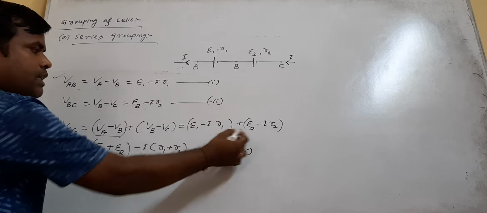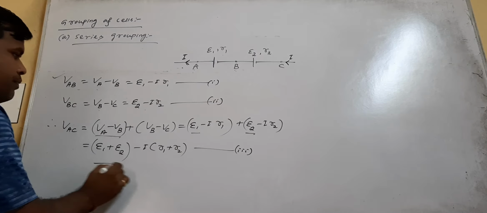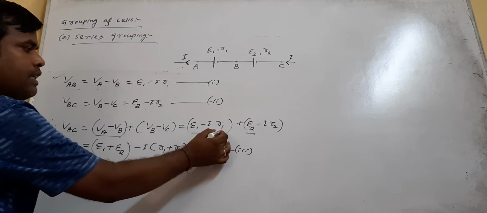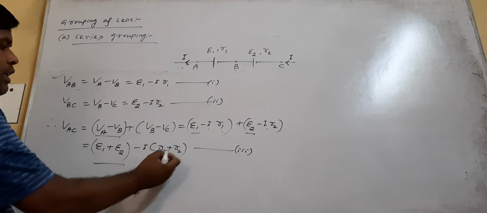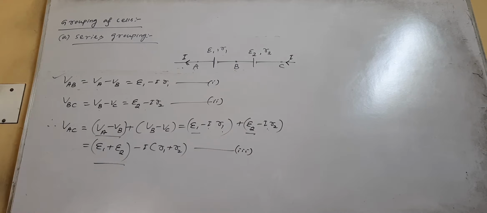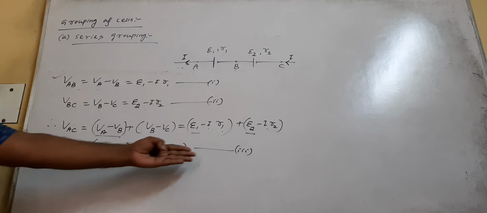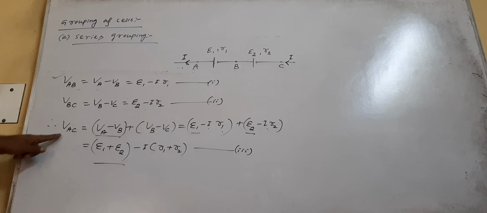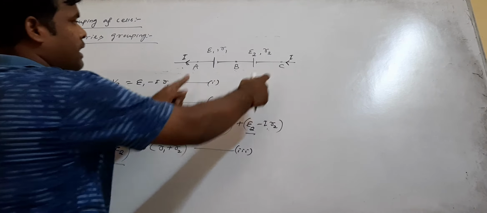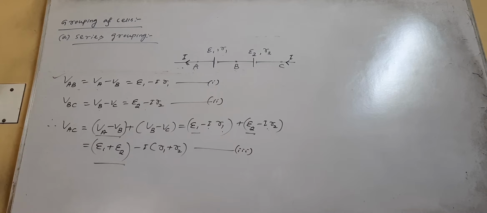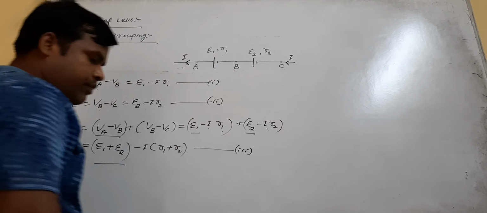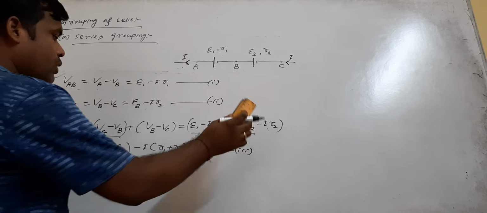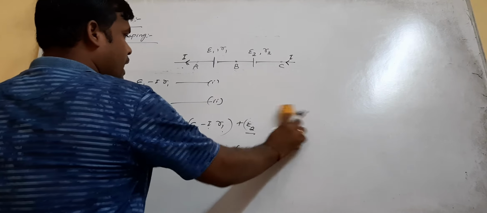So it is E1 plus E2 minus IR1 and minus IR2. Minus I taking common, it is whole into R1 plus R2. It is your equation number 3. It is the terminal potential difference between A and C, or you can say it is the potential difference across the combination.